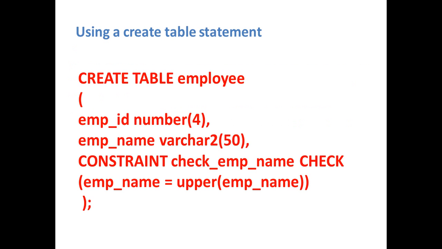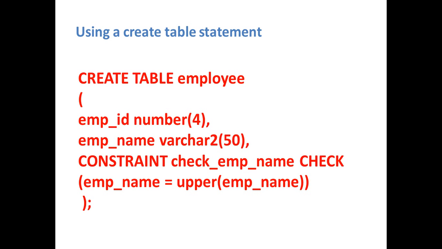This is the first method of creating a check constraint. We have used our create table statement, where we have created a table known as employee. It contains EMP ID number 4 and EMP name varchar2 50.